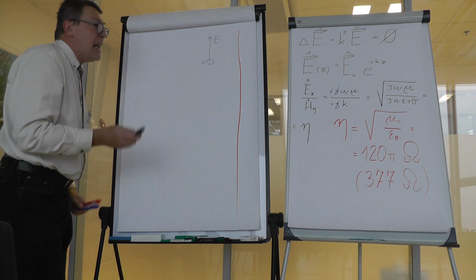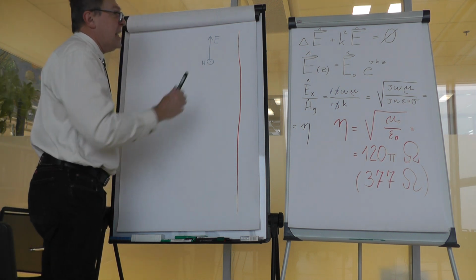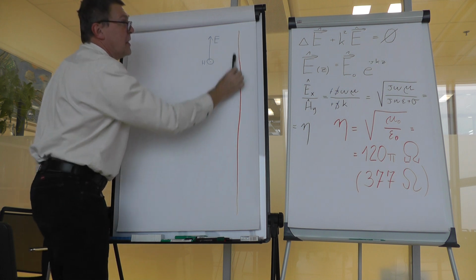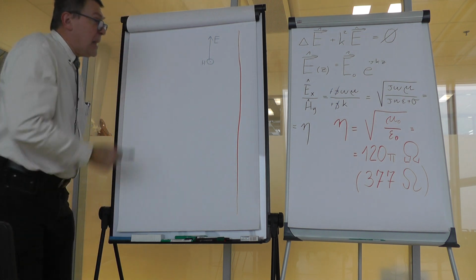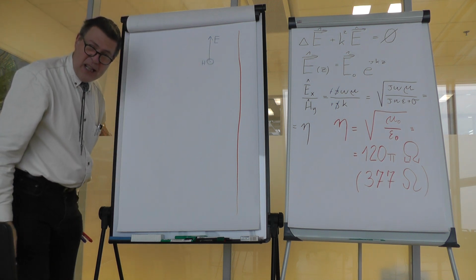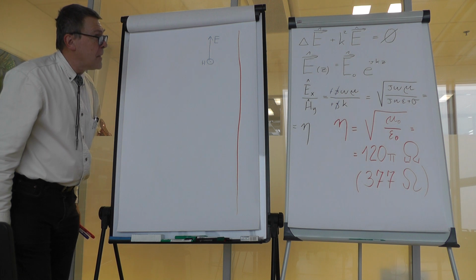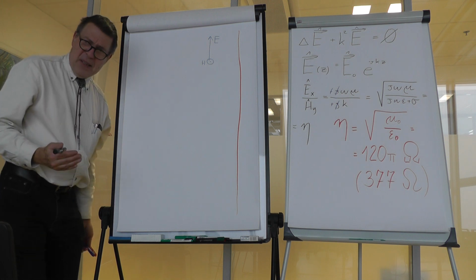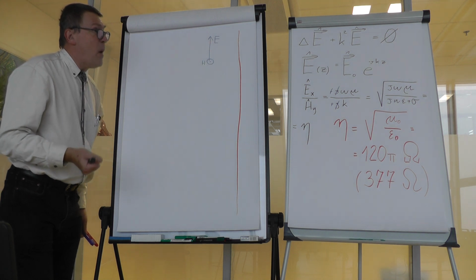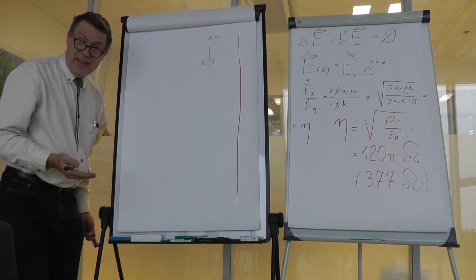So in any case, there could not be any value of an electric field strength pointing in this direction. But the wave which arrives has just this direction of electric field. So then something must happen. And that something which happens is that the wave should reflect.